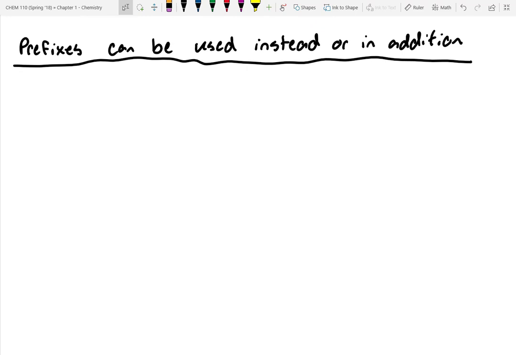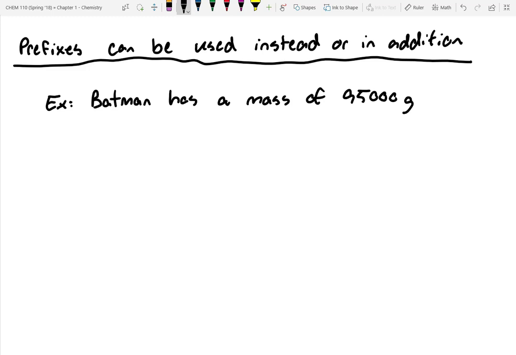So let's take a look at some examples. And I'm going to take Batman as my first example. So Batman, the Christian Bale version, has a mass of 95,000 grams. It's a pretty heavy guy.